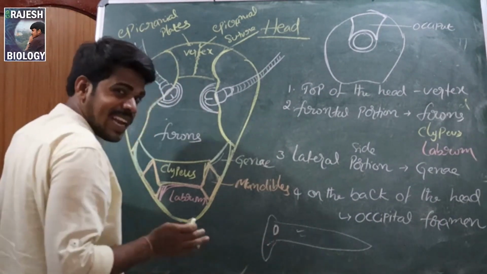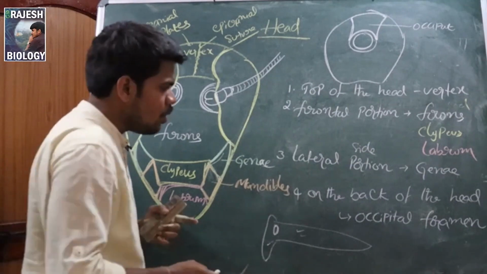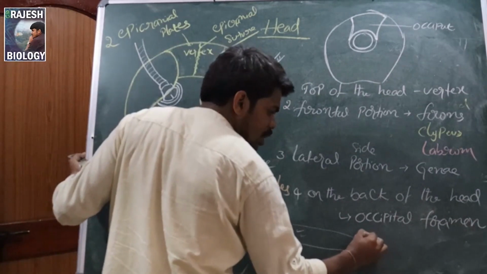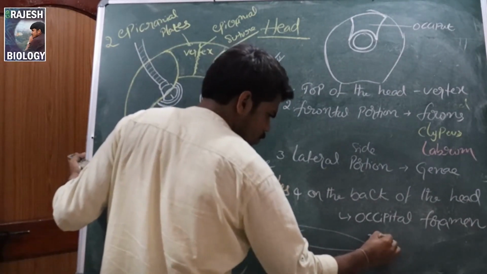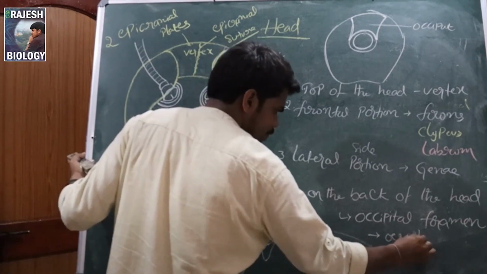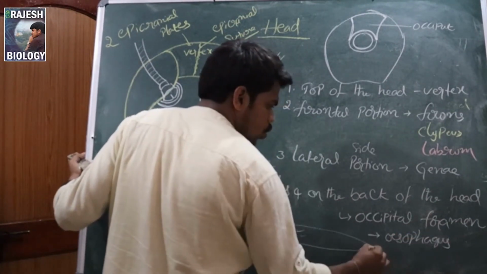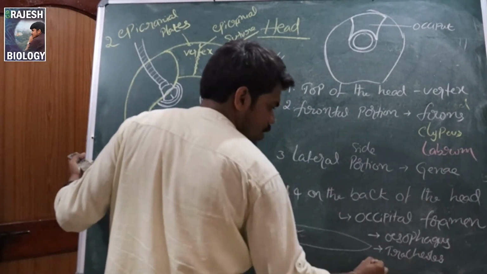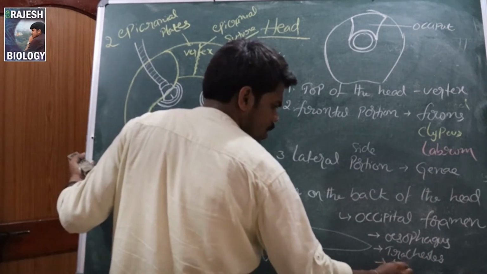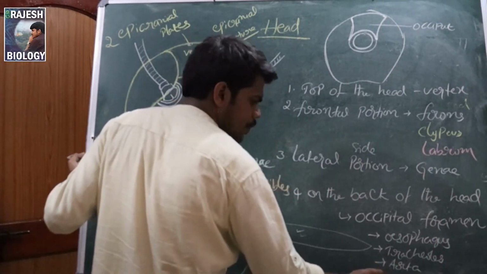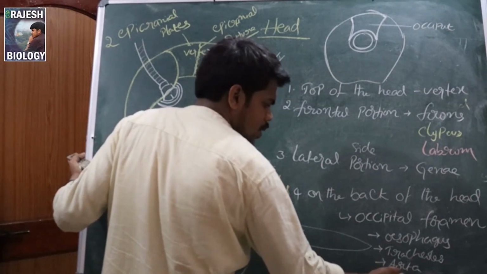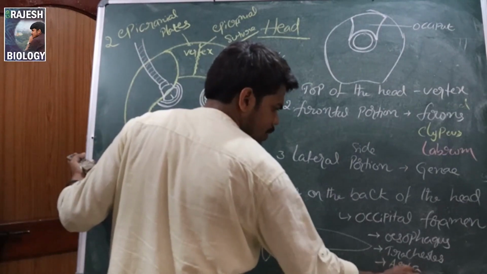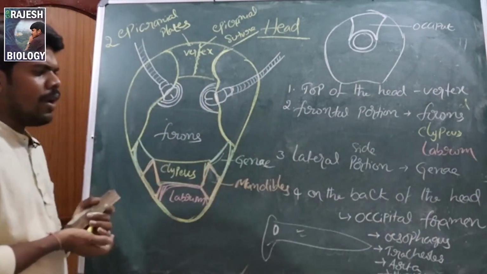That connective window is the occipital foramen, through which the digestive system, the esophagus, the respiratory system, trachea and tracheoles, the circulatory system, the aorta, and the nervous system, the ventral nerve cord, some nervous tissue, nerves, all enter into the head.